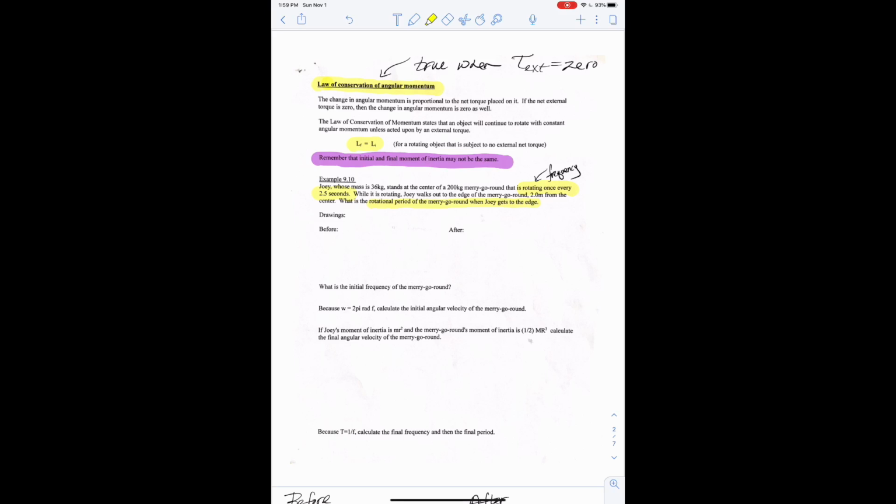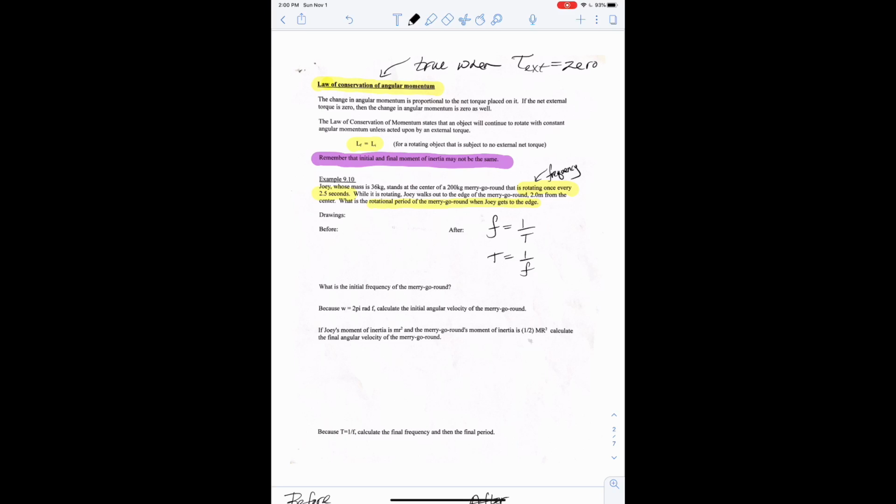Okay, so I think if we do conservation of angular momentum, we can find the final angular velocity, get the final angular frequency, and then turn that into the period, right? Because we know, or should remember, that frequency equals 1 over the period, or the period is equal to 1 over the frequency.